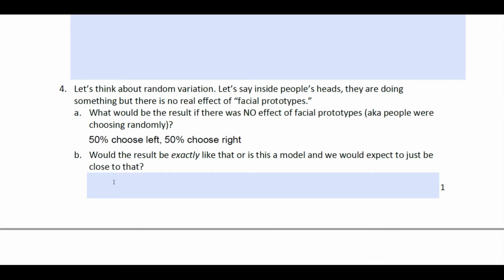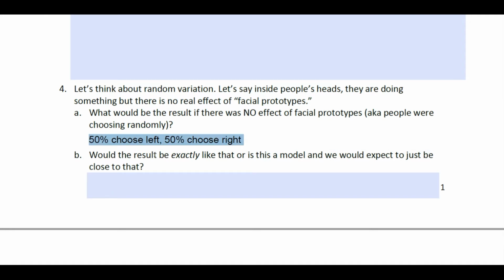Now, this next question: would we always expect the result to be exactly like that? If we took 100 people and we gave them this question and we know they're all choosing randomly, are we always going to get exactly 50% left and 50% right? Or is this more like a model that we're using to start with?